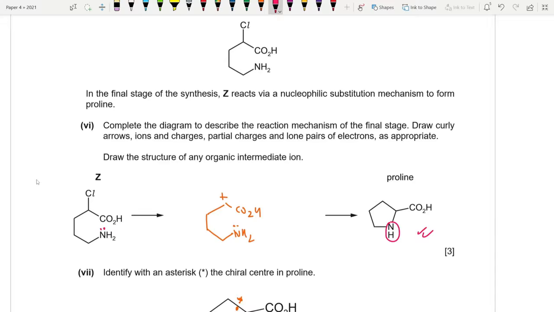It's going to form a bond with the carbon atom that is next to CO2H. So this carbon over here essentially. So this nitrogen is going to be attacking this carbon atom over here.